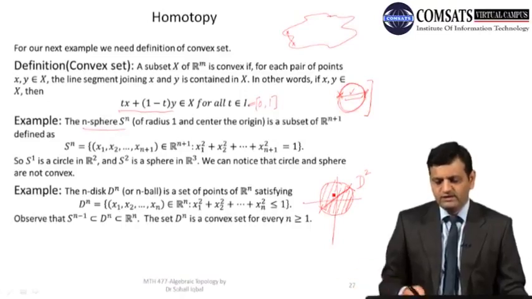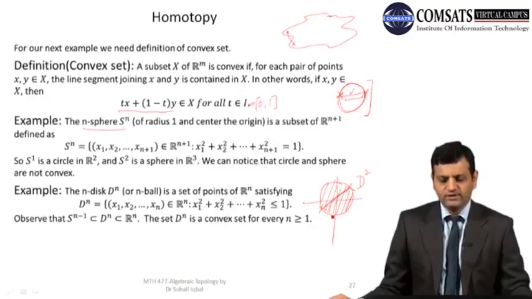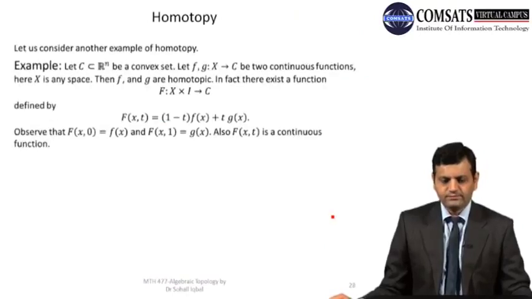Similarly, D3, which is the sphere and all of its inside points, so basically a solid sphere, is also convex for the same reason. If I take any two points, the line segment joining them is contained in the sphere. So D^n, the n-disk, is a convex set for every n.